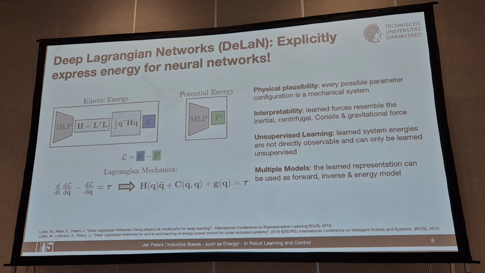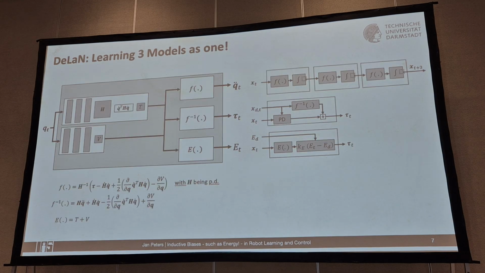And then we of course want to have energy models, inverse models, forward models, operator models, models where there is something which we cannot model, like a beam which is bending as a link, and all of this ideally in there. And one of the ways of doing this really well is to, of course, hard code basically into your neural network that it can only learn Lagrangian dynamics, mechanics.